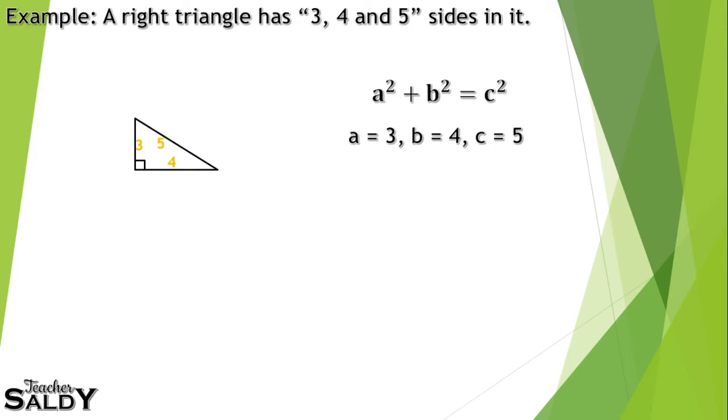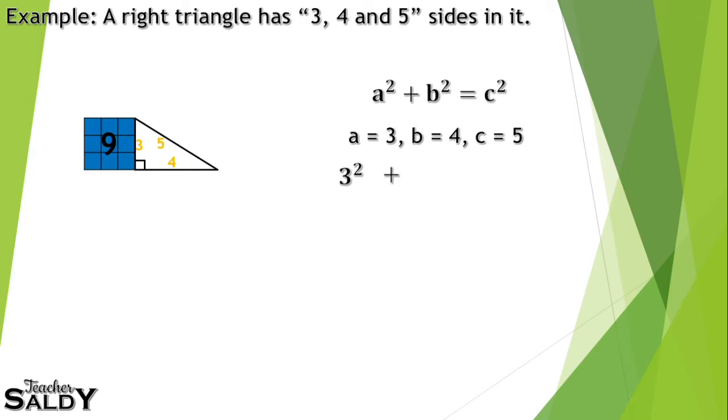Example, a right triangle has 3, 4, and 5 sides in it. So let's get Pythagorean theorem. A squared plus B squared is equal to C squared. We have A as 3, or what we call the height, B which is equal to 4, or also known as the base, and C which is equal to 5, or what we call the hypotenuse.